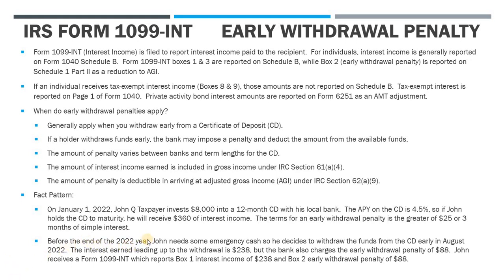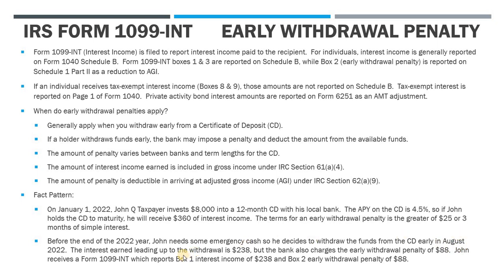Now, before the end of the year, John decided, well, I need some emergency cash, right? And so he knows that the terms for the early withdrawal penalty are $25 or 3 months of simple interest, whatever is greater. But I really need the cash, so I'm just going to have to bite the bullet here. So he takes the funds out of the CD early, in August 2022.